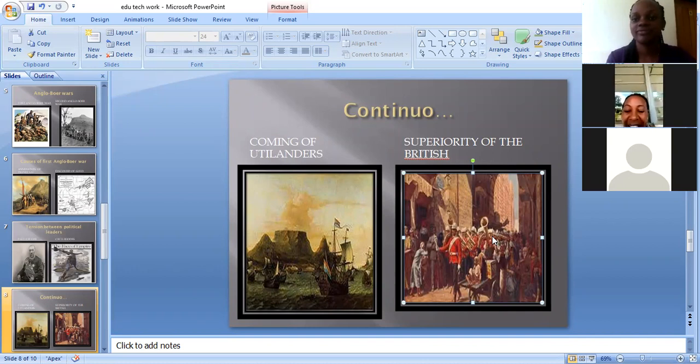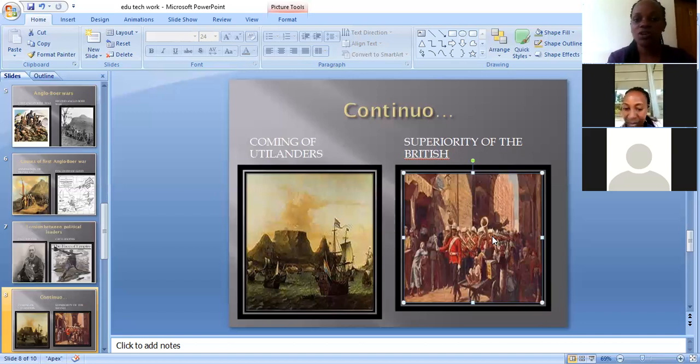I have said that I am also seeing the British trying to show their powers or their superiority over the Dutch. In the diagram with the title Superiority of the British, we can see the British men holding trumpets, meaning that they have won the war.